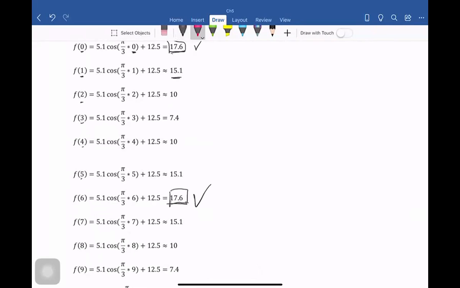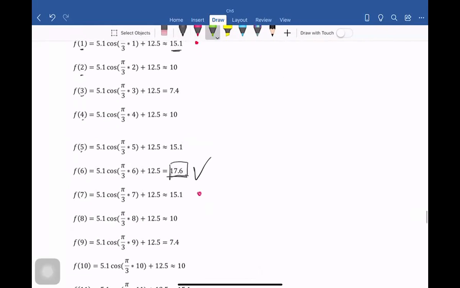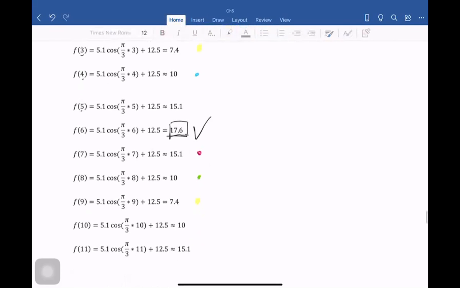And I'm going to see that the numbers after 17.6 are the same as the earlier ones. I use this color and this color. Oh, they are the same. And the next one, 10, they're the same. 7.4, 7.4, same. 10, the same. How about the number after that? 15.1, 15.1.